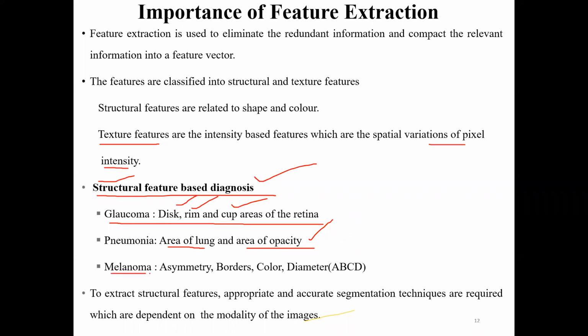In the case of another disease, melanoma, asymmetry, borders, color, and diameter are chosen as the structural features. To extract the structural features, appropriate and accurate segmentation techniques are required, which are dependent on the modality of the images.